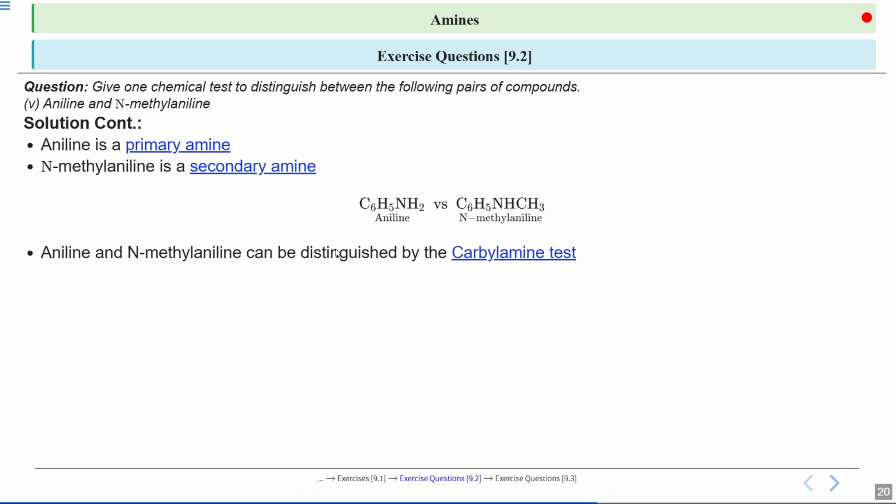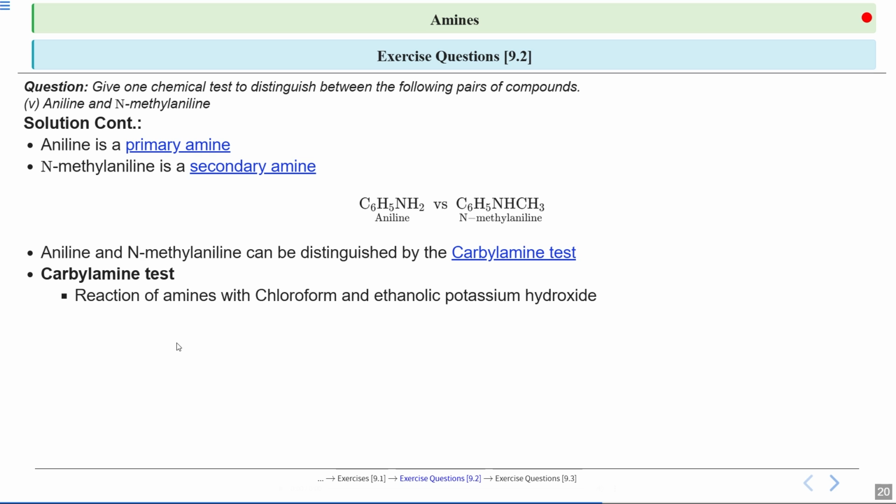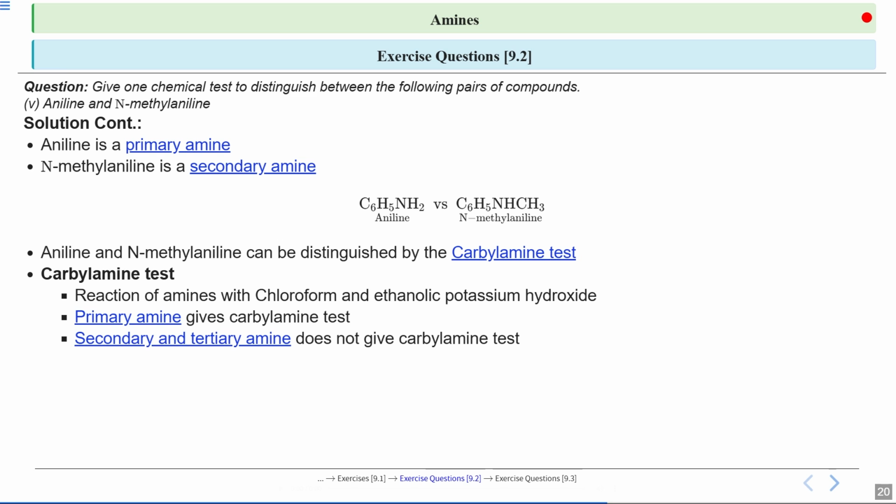We just now saw we can use the carbylamine test. In this test, there is reaction of amines with chloroform and ethanolic potassium hydroxide. Primary amines give a positive carbylamine test, whereas secondary and tertiary amines do not.